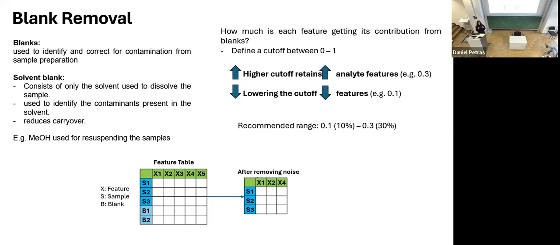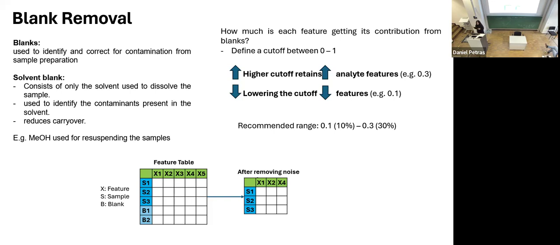To put it simply, we calculate the average value of each feature in blanks and also in the samples. And if the contribution is higher from the blanks, you basically kick out that entire feature, based on the cutoff that you set between 0 and 1, which is between 0 and 100%. You determine as a user how strict you want to be with your blank removal.